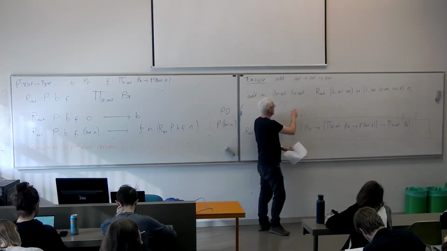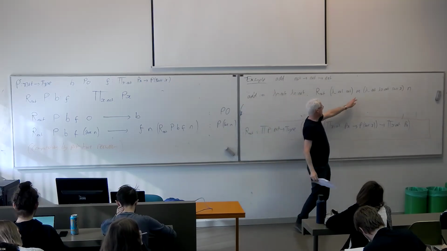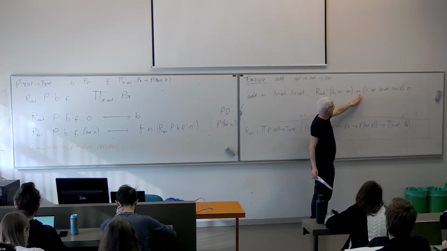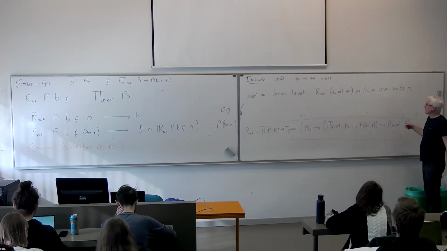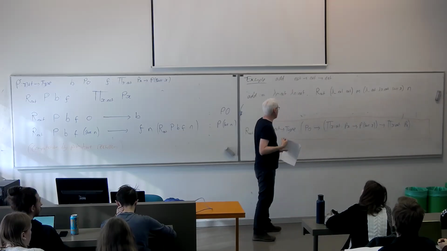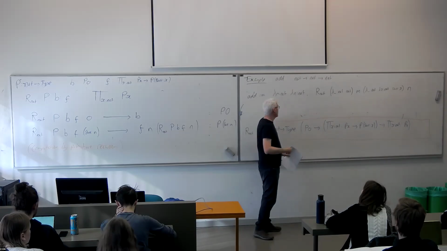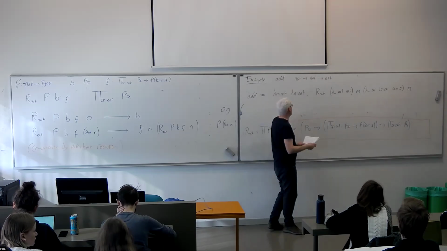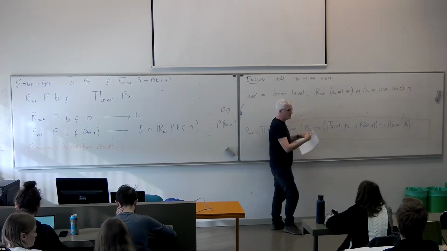And so we're going to recurse on n. If n is 0, we return m. And if n is not 0, so n is the successor of n prime, then it's enough to compute m plus n prime and take the successor of that.